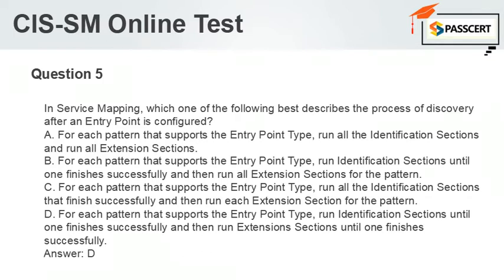C. For each pattern that supports the entry point type, run all the identification sections that finish successfully and then run each extension section for the pattern. D. For each pattern that supports the entry point type, run identification sections until one finishes successfully and then run extension sections until one finishes successfully. Answer: D.